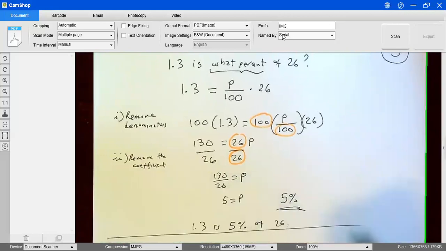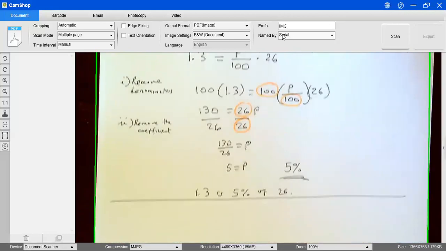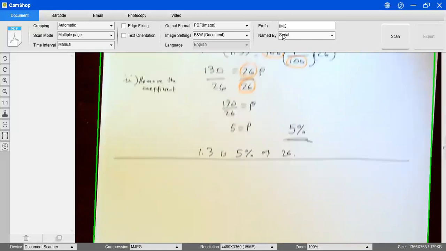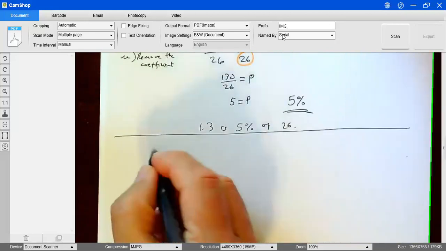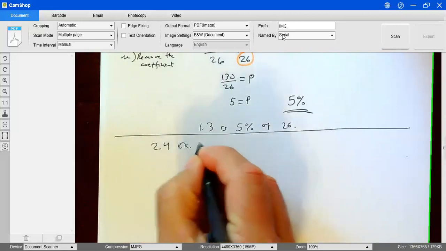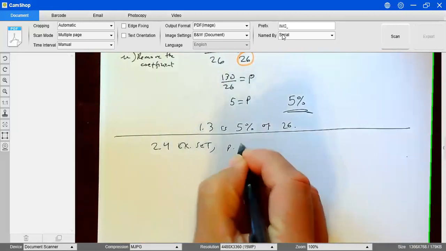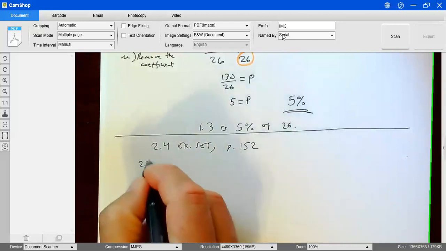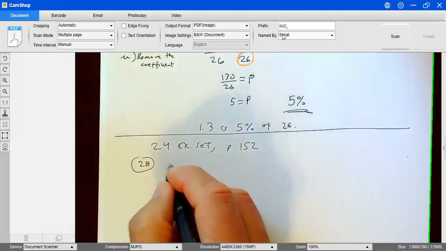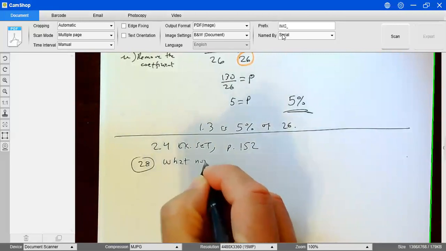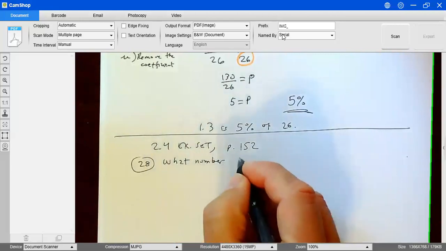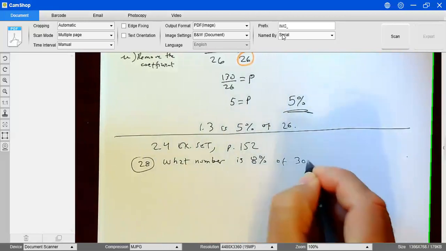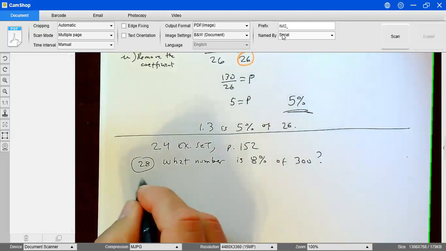So you're going to solve now some exercises from this section. 2.4 exercise set on page 152. I'm going to write the entire question. So what number is 8% of 300?